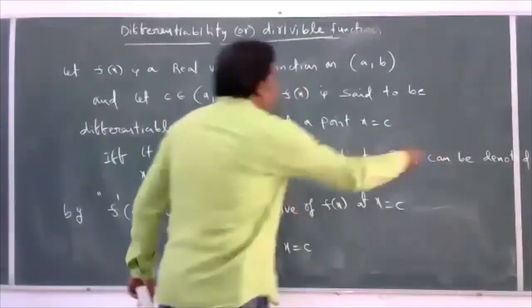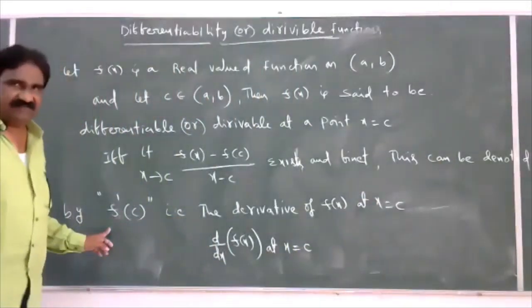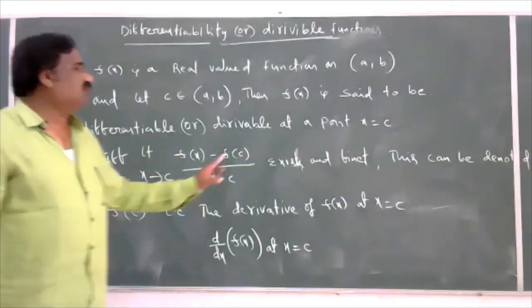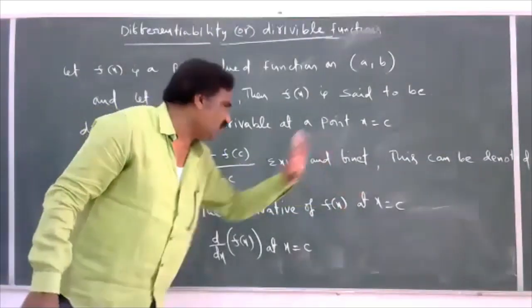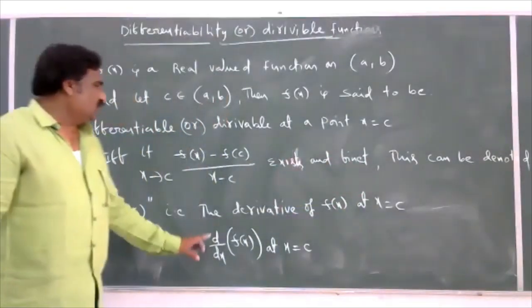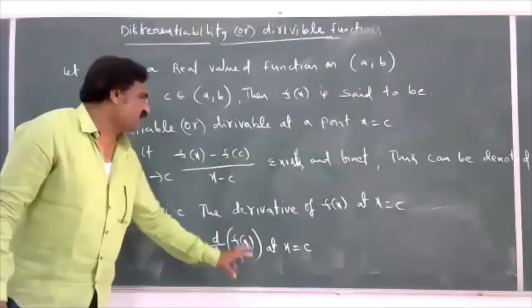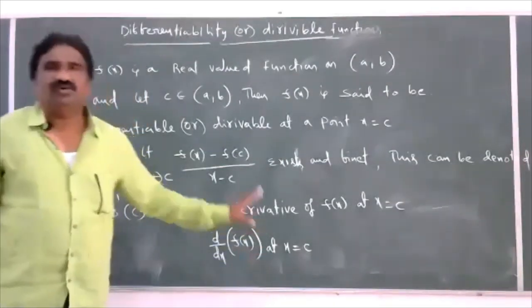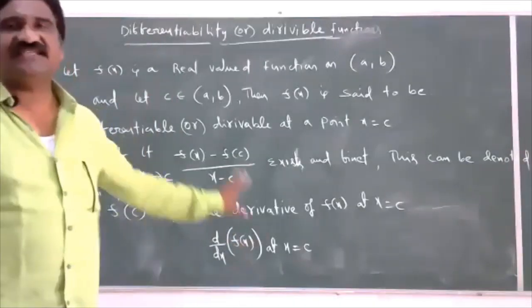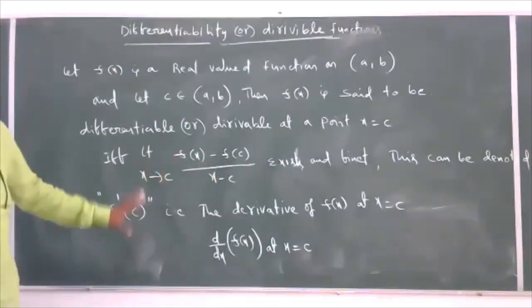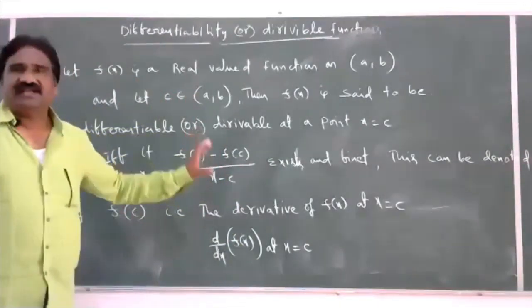This can be denoted by f dash c, that is the derivative of f of x at x is equal to c. It can be written as d by dx of f of x at x is equal to c. This is the definition of differentiability at x is equal to c.